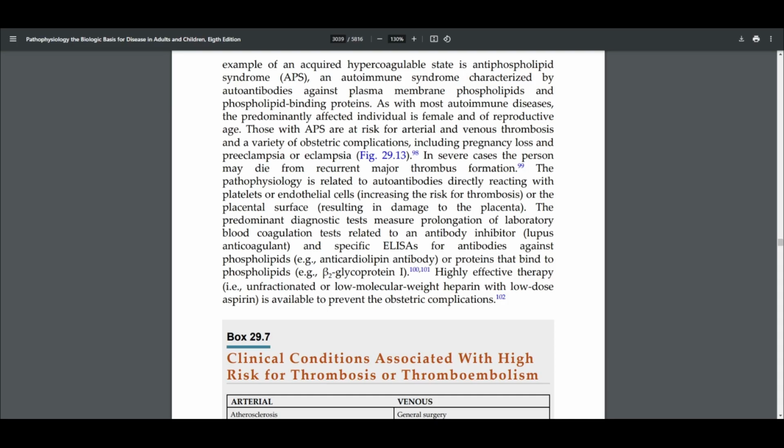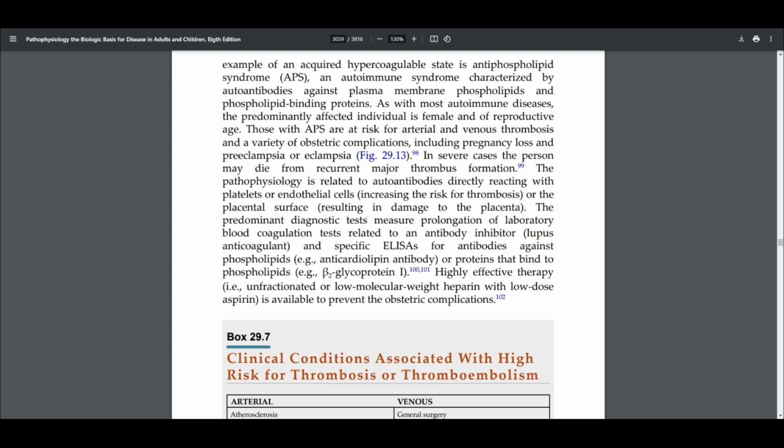As with most autoimmune diseases, the predominant affected individual is female and of reproductive age. Those with APS are at risk for arterial and venous thrombosis and a variety of obstetric complications, including loss of pregnancy, preeclampsia, and eclampsia. In severe cases, the person may die from recurrent major thrombus formation.